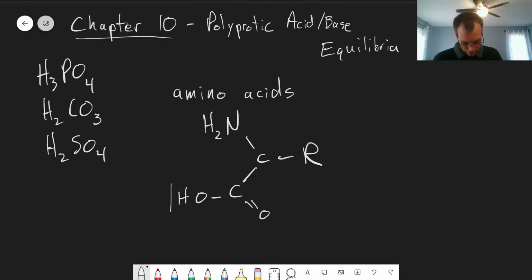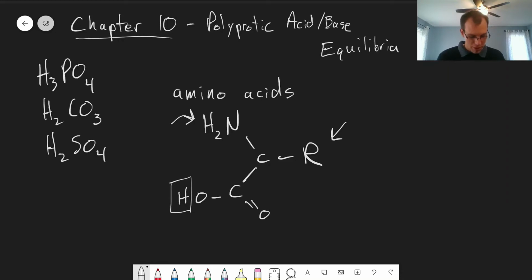So we have one proton that can be lost here, and this is actually a proton acceptor site here on the amino group. And some amino acids even have additional acid or base constituents on this R group on the side. So understanding polyprotic acid-base equilibria is key to understanding biochemistry and understanding how this works.